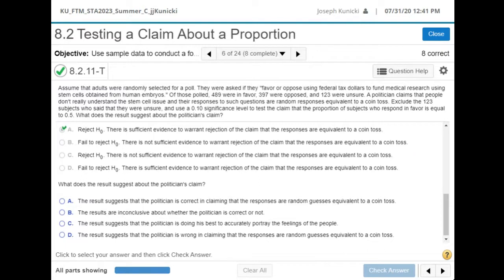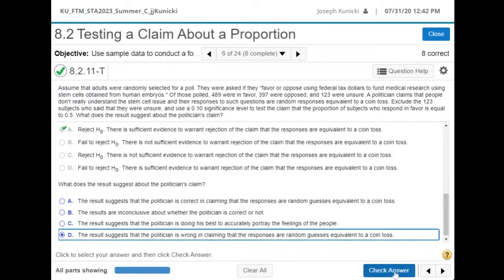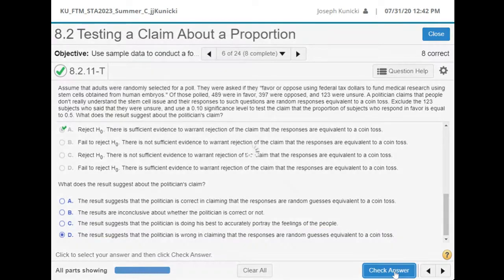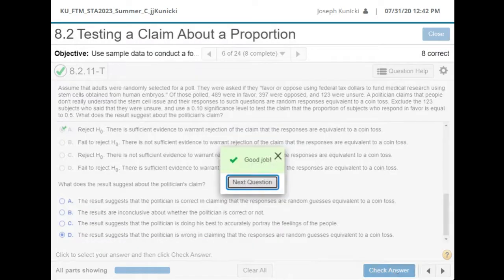And that's significantly different from 50-50. It's not a coin toss. So the politician was incorrect. So it's D. It says he's wrong. Since we're rejecting the null, the claim is wrong.